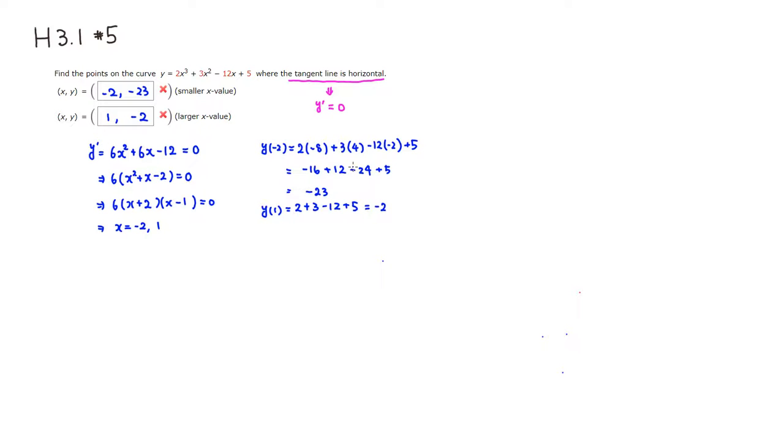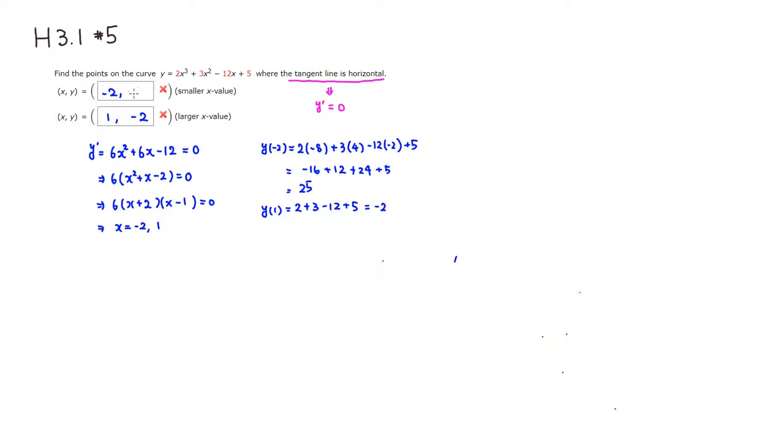So negative 16 plus 12 is negative 4, plus 24 is positive 20, plus 5, so it's actually positive 25. That was way off, so it was 25 here.